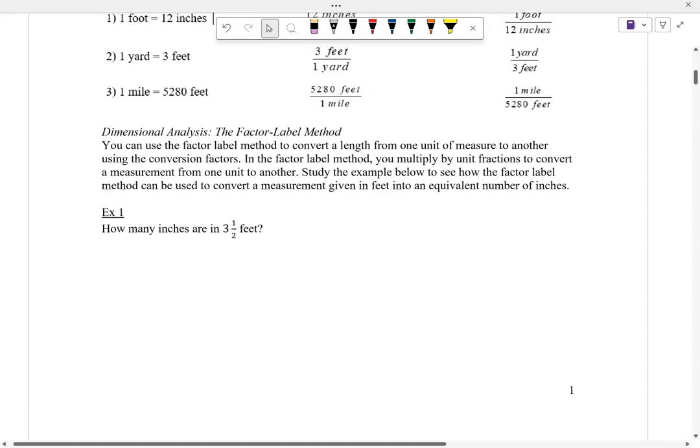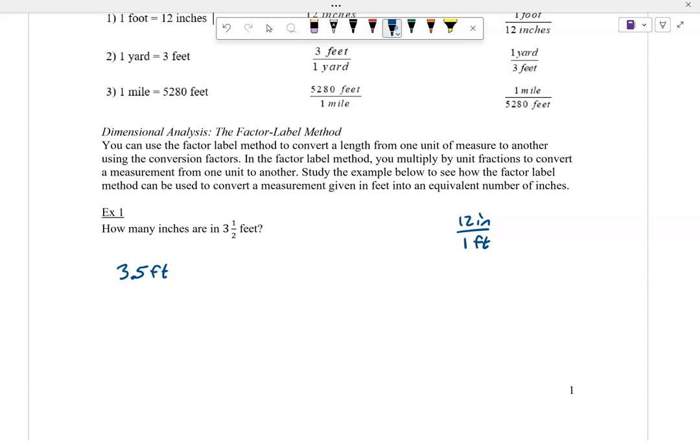How many inches are in 3.5 feet? So 3.5 feet. I'm going to go ahead and write that. And now I know there's 12 inches for every 1 foot, or for every 1 foot there's 12 inches. So what I'm going to do is, I'm trying to get these feet into inches, so I want my feet to cancel.